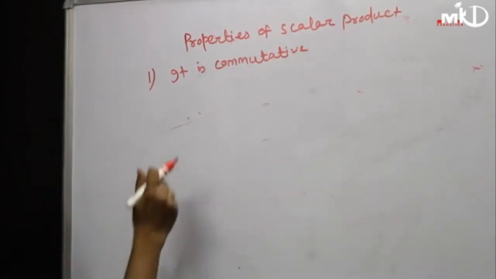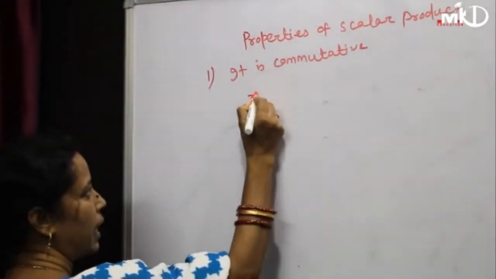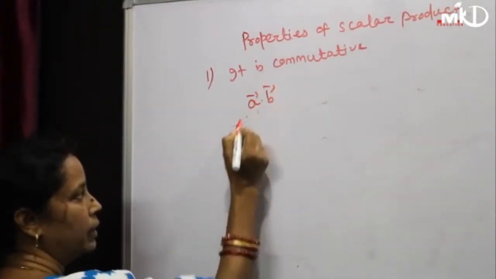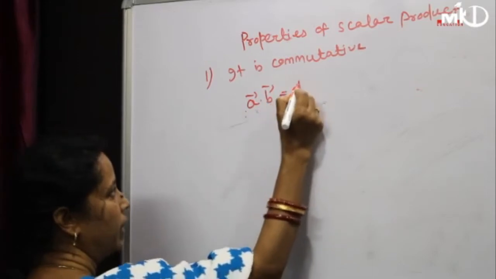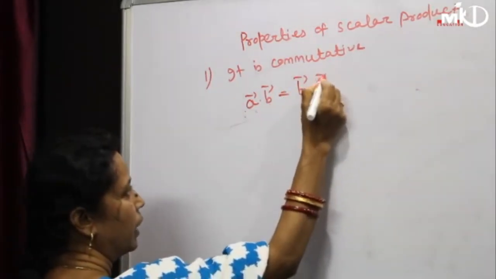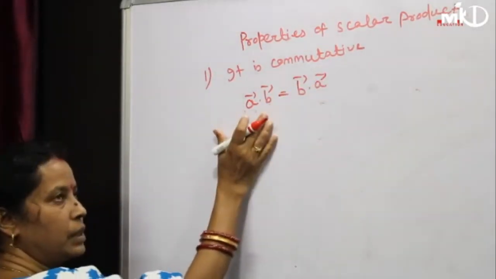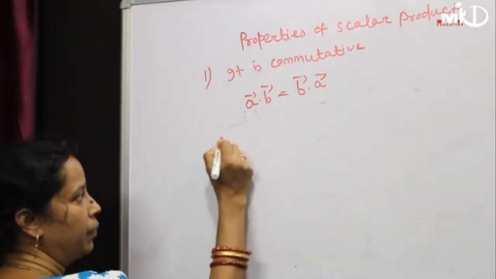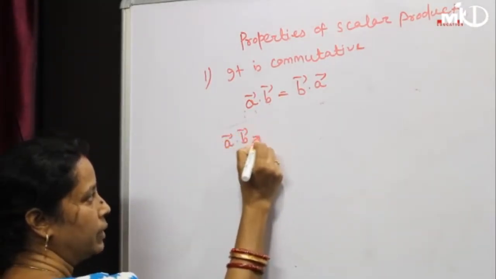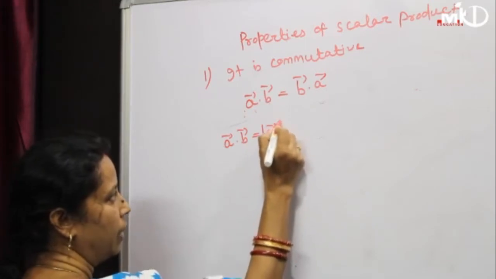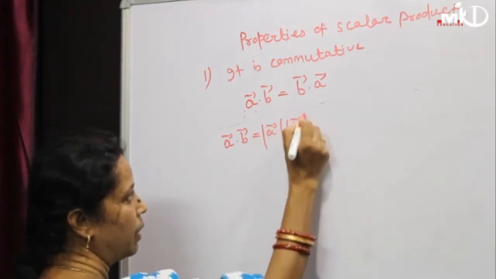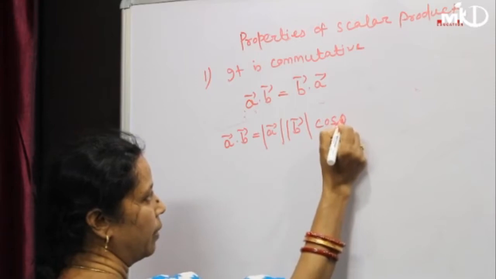Commutative means that for two vectors, a bar dot b bar is equal to b bar dot a bar. Because we already defined the dot product as modulus of a bar into modulus of b bar into cos theta.